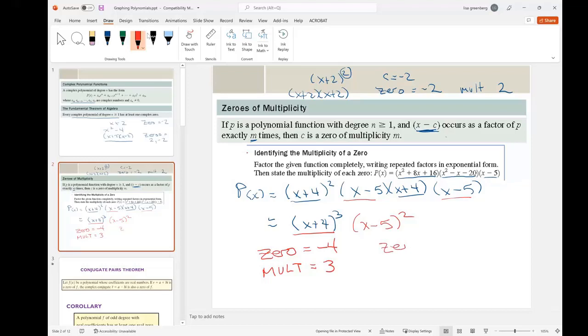Here I have a 0 of 5, because x minus 5 equals 0 means 5 gives me 0. And here I have a multiplicity of 2. So that's what I mean by factors. That's what I mean by zeros. And that's what I mean by multiplicities.